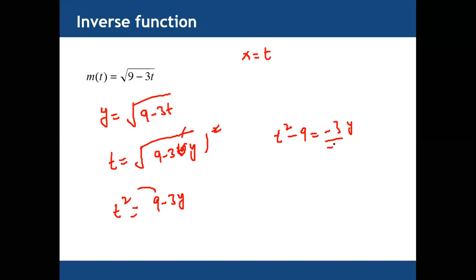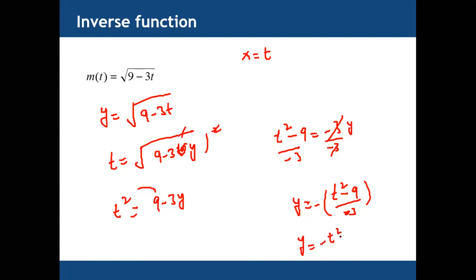And dividing both sides by minus 3, minus 3 cancels with minus 3. y is equal to (t squared minus 9) divided by 3. But this minus actually goes with the whole function. If you write it here, this will be (minus t squared plus 9) divided by 3. This is actually the inverse function.